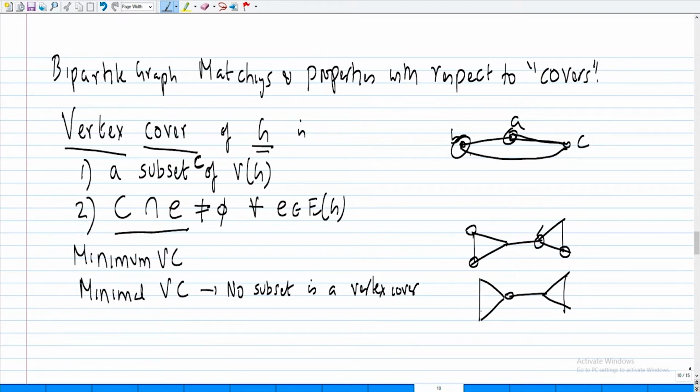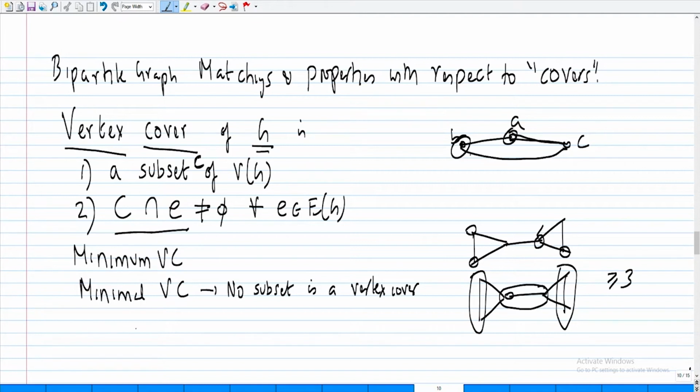But let me try and see if I can. Maybe here is an example where only 4 is required, right? So I have this edge in the matching, and this edge in the matching, and this edge in the matching. So clearly this tells me that I have to pick at least 3 vertices, because these are 3 edges which are vertex disjoint.